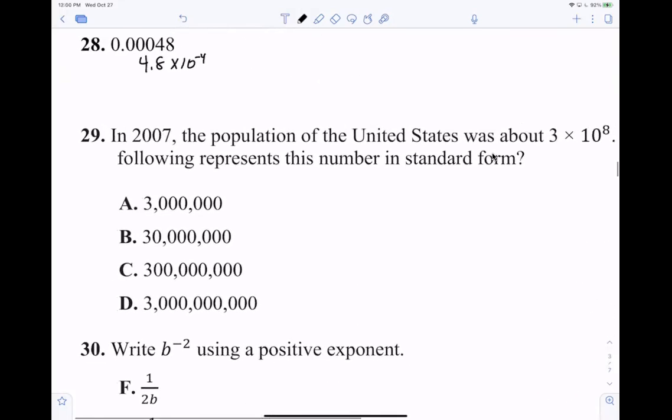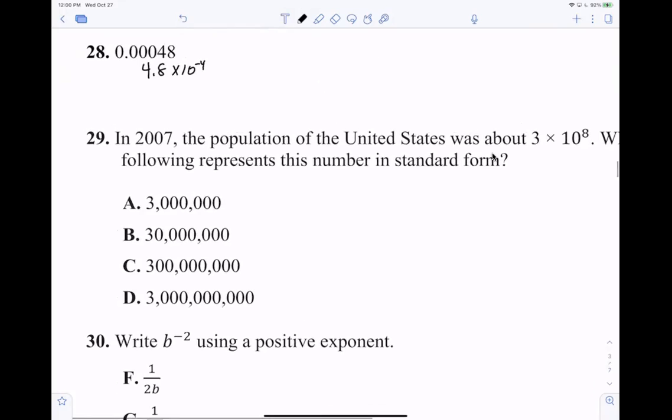All right, go ahead. Let's hear it. Jacob? In 2007, the population of the United States was about 3 times 10 to the 8th, which represents this number in standard form. That would be how much?